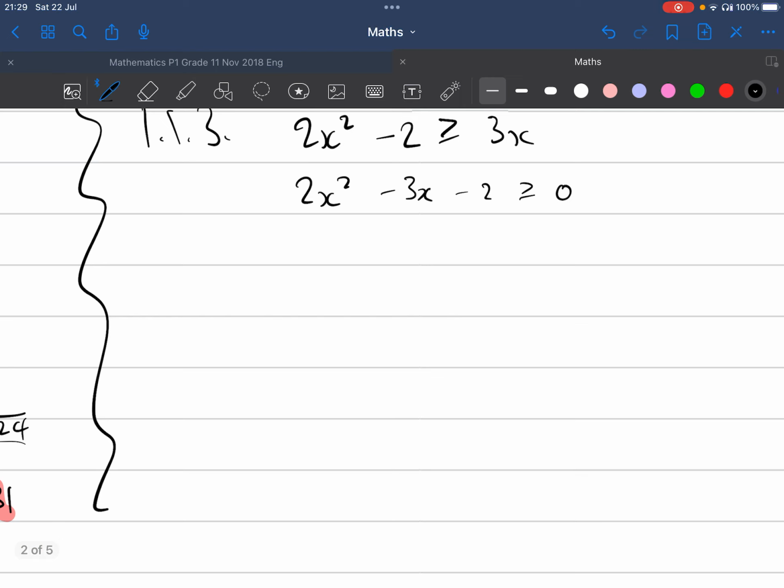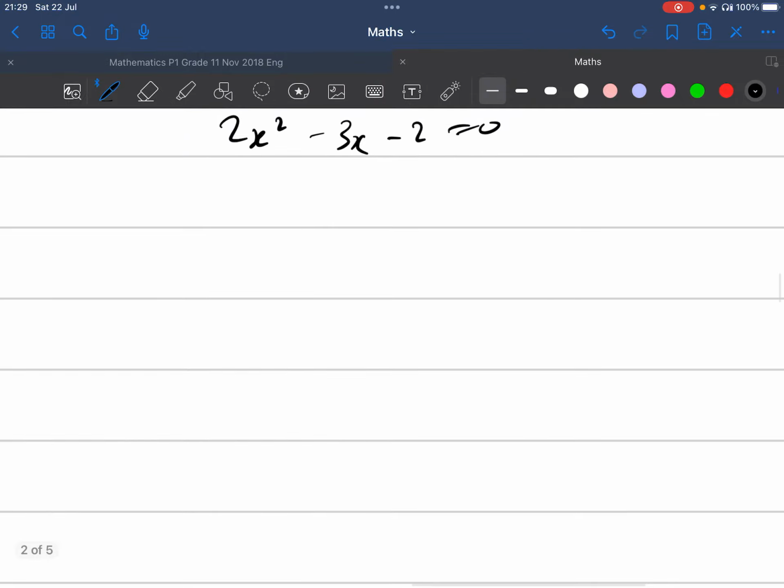Now the first thing you have to do is find what's called the critical values. So you first have to find when this expression is equal to 0. So we'll say 2x squared minus 3x minus 2 equals 0. Now you can either use the quadratic formula, or you can find common factors.